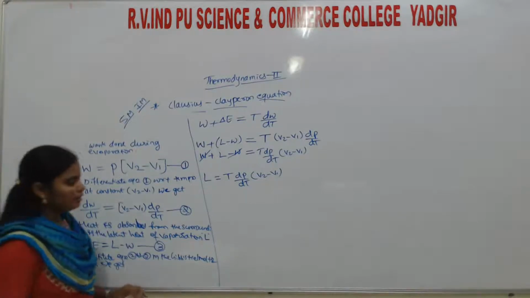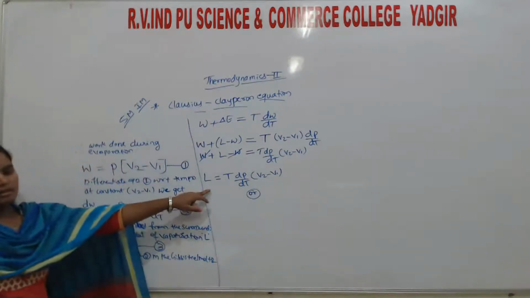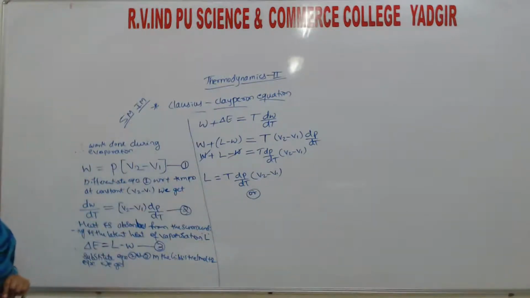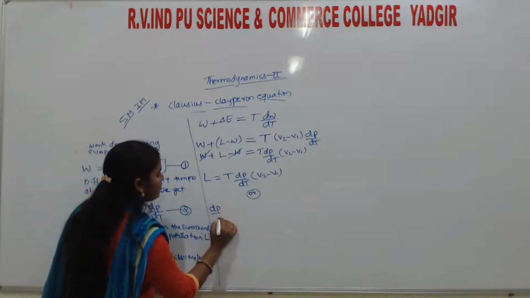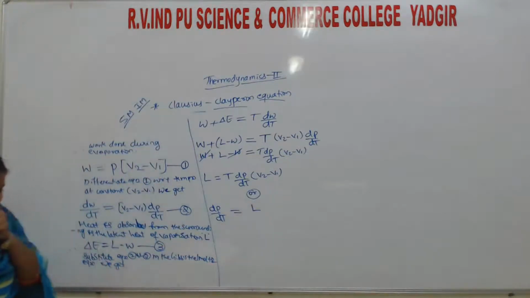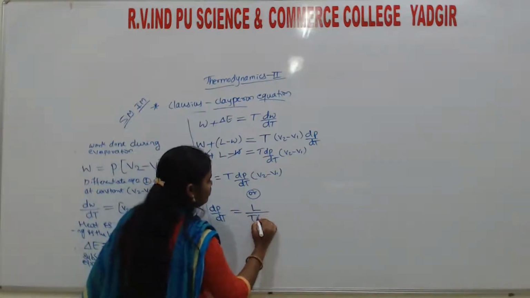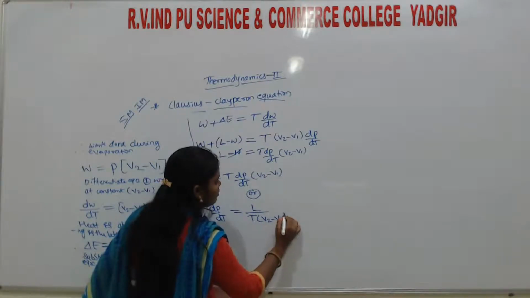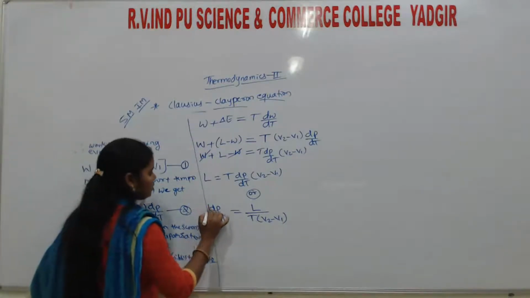We can write dP divided by dT is equal to L divided by T into V2 minus V1.